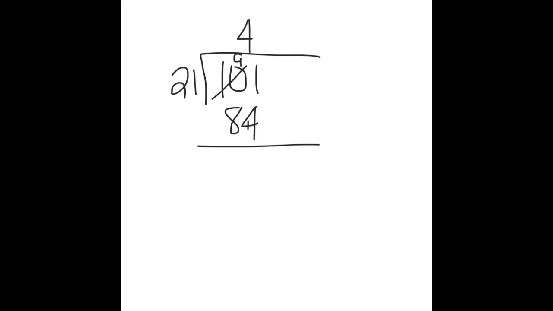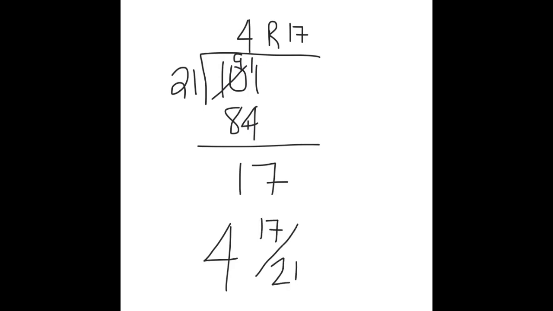Borrow, turn that into a 9. 11 minus 4 is 7. 9 minus 8 is 1. So I have the whole number 4 with the remainder of 17. And we can write that as 4 and 17 over 21.